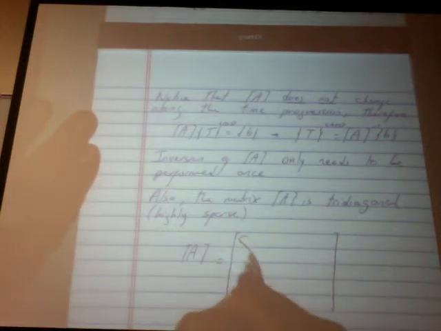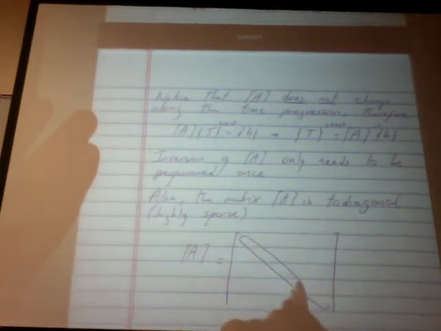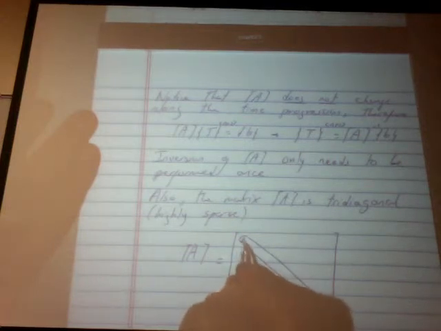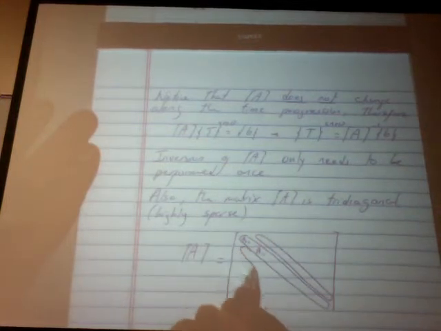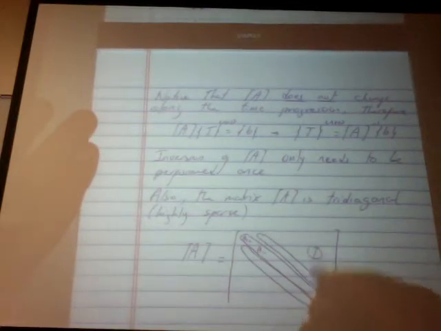The diagonal has numbers, A00, A11, and so on and so forth. The superdiagonal and the subdiagonal have numbers. Everything else is a 0.